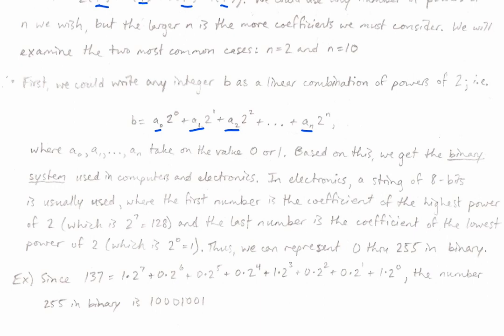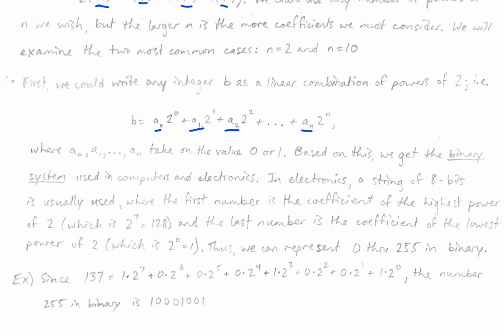So we have 2 raised to some power, 2 to the 7th, 2 to the 6th, 2 to the 5th, and then to the 4th, 3rd, 2nd, 1st, or 2 raised to the 0 power. We have 8 different powers of 2. And with those 8 powers of 2, I can represent the numbers 0 through 255 using the binary system.